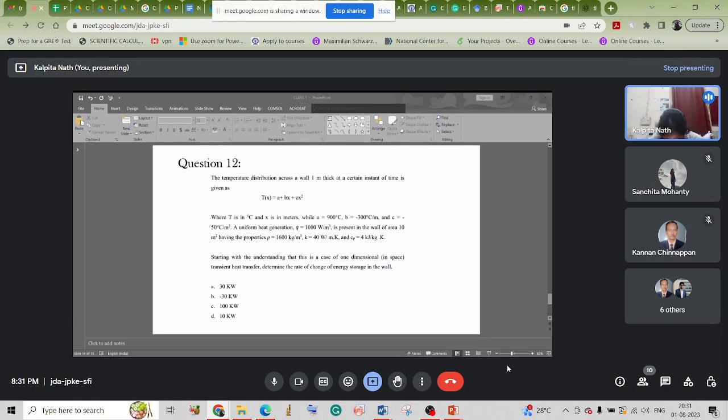If x is required, then at x equal to 0 there is one value, and at x equal to L, that will be the outlet. That is the Q out, energy out. Replace that in the main equation. And generation is also given, so use that to find out the energy stored.